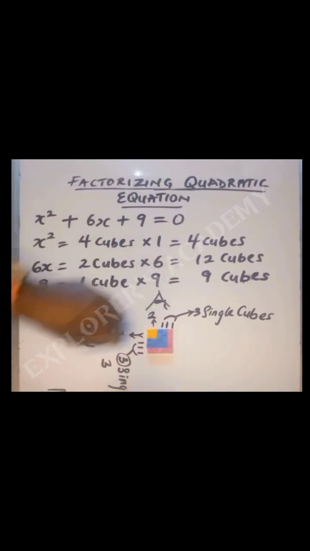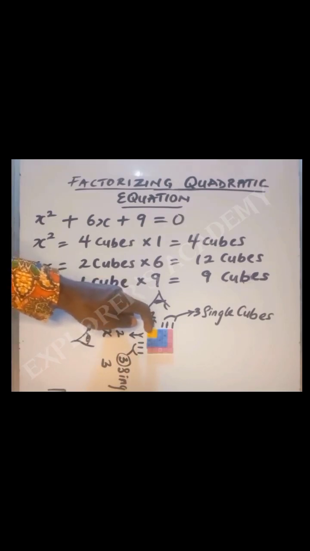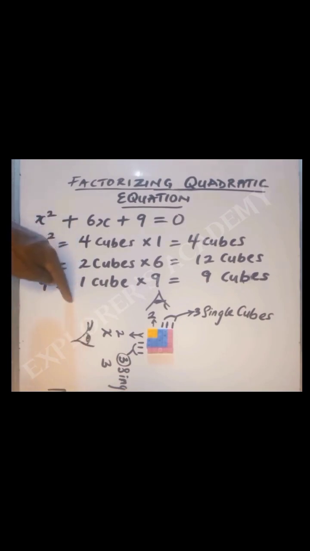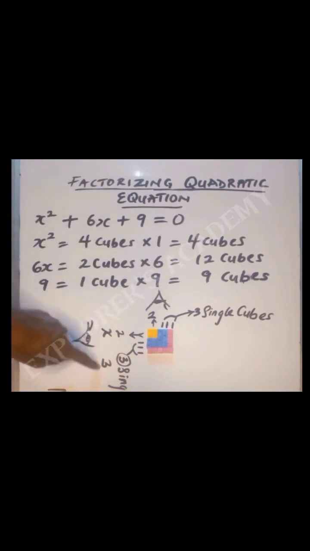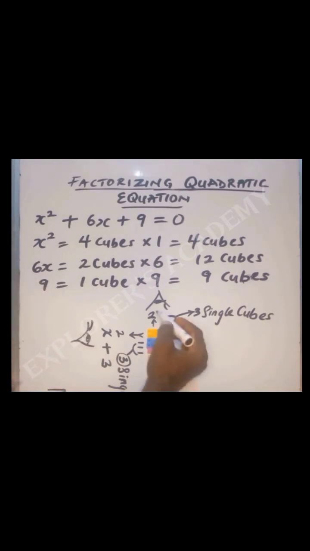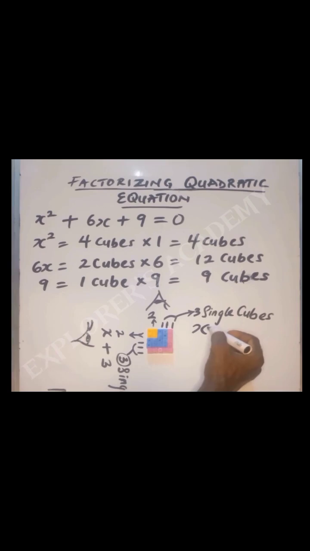Remember, you read from both sides where you can see visibly the shapes for the x power 2, the x, and then the constant. So at this point, I can see x and 3, which gives us x plus 3. And from this angle, you can still see the same x and 3: x represented by 2 intact cubes, and then 3 single cubes.